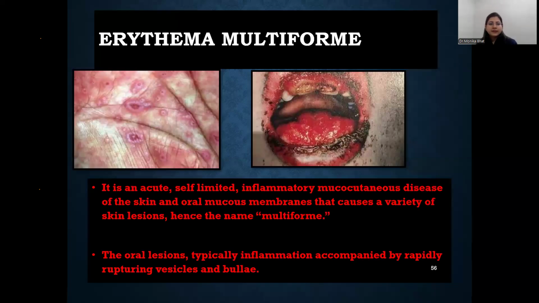Then the next category is erythema multiforme. It has a typical feature of incrustations, blood incrustations on the mucosal or lip surfaces. It is an acute self-limiting inflammatory mucocutaneous disease of the skin and oral mucous membrane that causes a variety of skin lesions, hence the name multiforme.